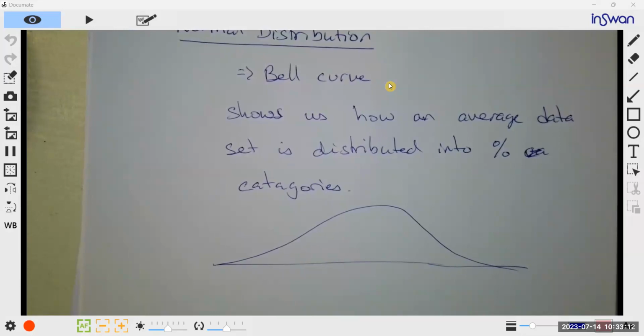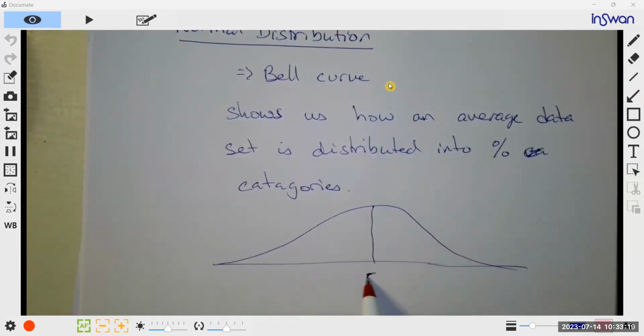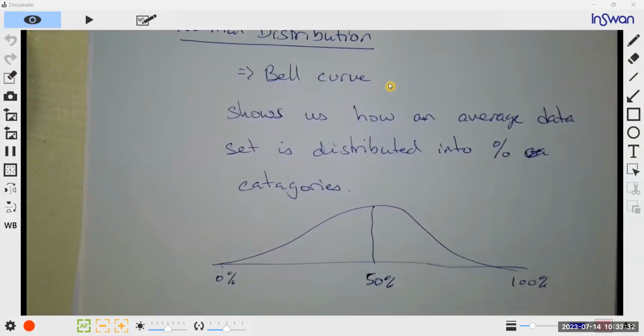It has two conditions that we have to look for. Is it normally distributed? Yes, which means the 50 percentile is right there, 100 is there, and 0 is there. Does it go from low to high and then back down to extremely low? Yes.